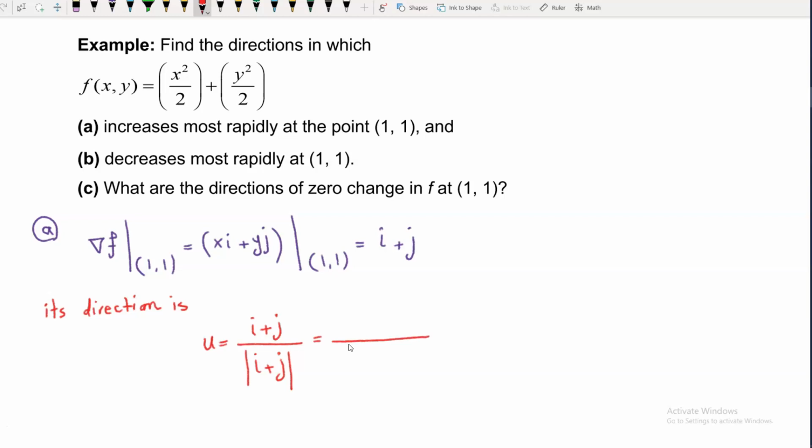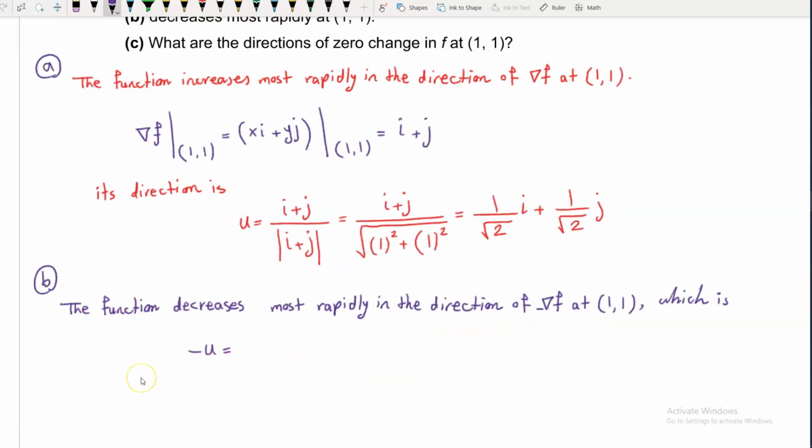So this is equal to i plus j over the square root of 1 squared plus 1 squared. And this is equal to 1 over square root of 2 times i plus 1 over square root of 2 times j. So in part A, we had the function increasing most rapidly in the direction of the gradient of f at (1, 1).